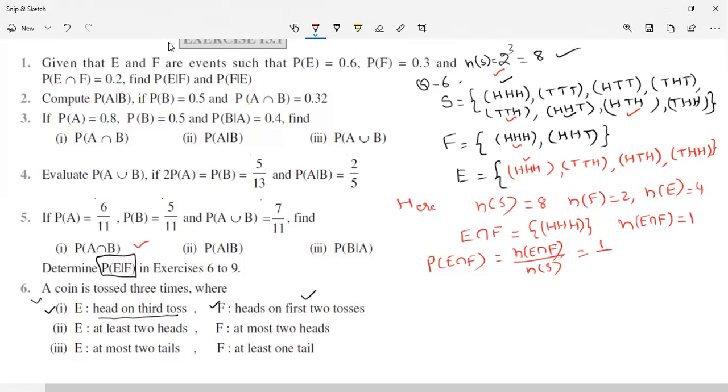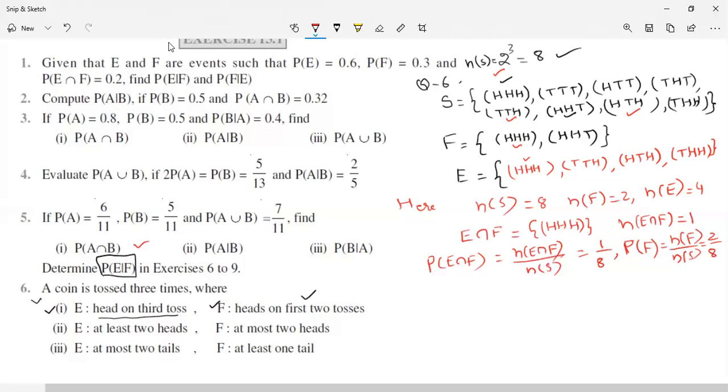So that is 1 by 8. Then we have to find the probability of event F also, which has already occurred. So the number of favorable outcomes to F upon total number of possible outcomes. So favorable outcomes to F is 2 and total is 8.